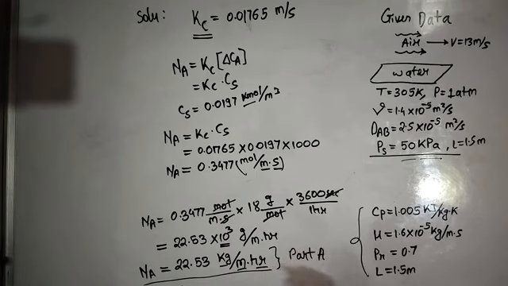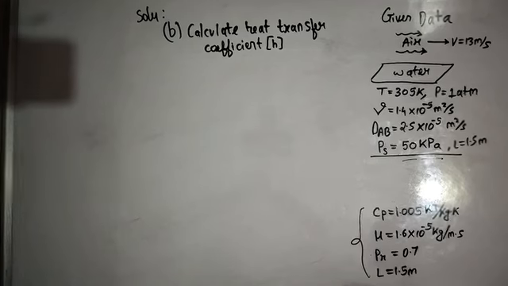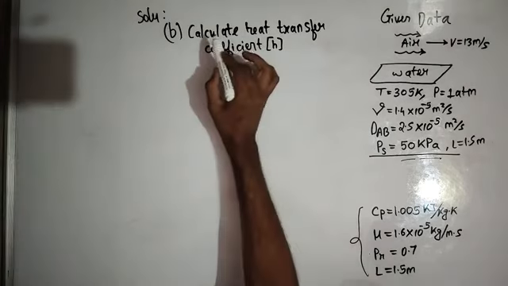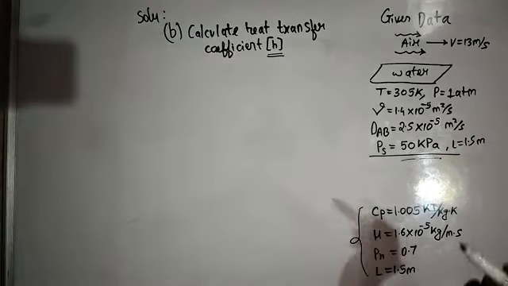So let's move to part B. In part B, we have to calculate the heat transfer coefficient, which is h, from the remaining values that we are provided.